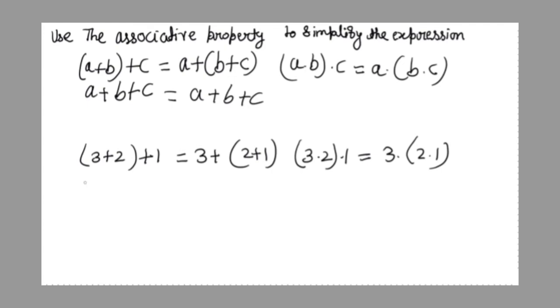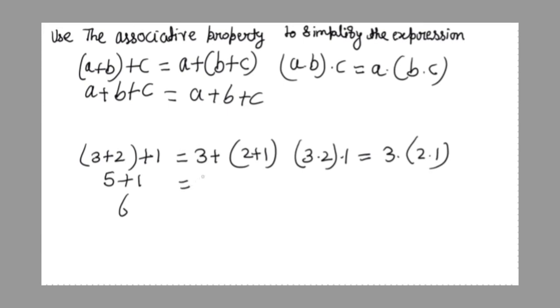When we group together 3 and 2, 3 plus 2 is 5, and then we add the result of this group to the 1. So that is 5 plus 1, which is equal to 6. This is the left hand side. On the right hand side, first we group 2 and 1 and then add the answer to the 3.